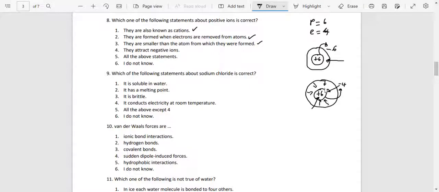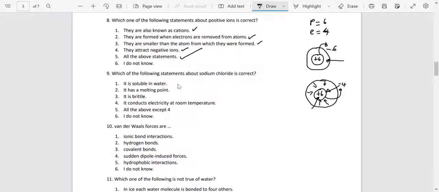That is why it ends up becoming much smaller. So cations are smaller than their neutral atoms. Option 4, they attract negative ions. We know that positive things attract negative things. This is also true. So the best option here is all of the above. So this is going to be the answer then.